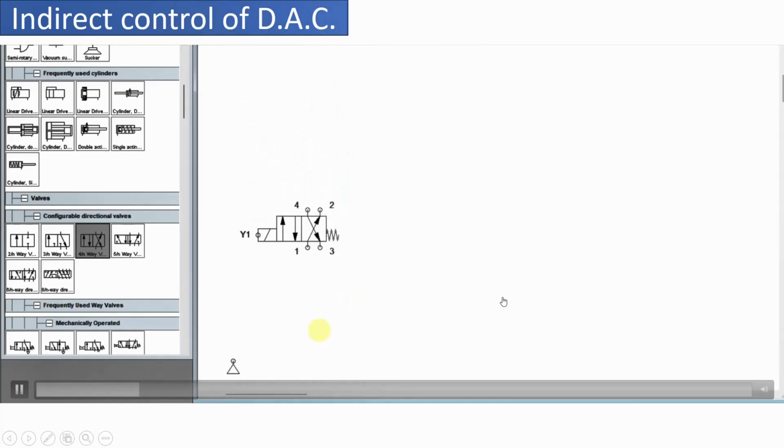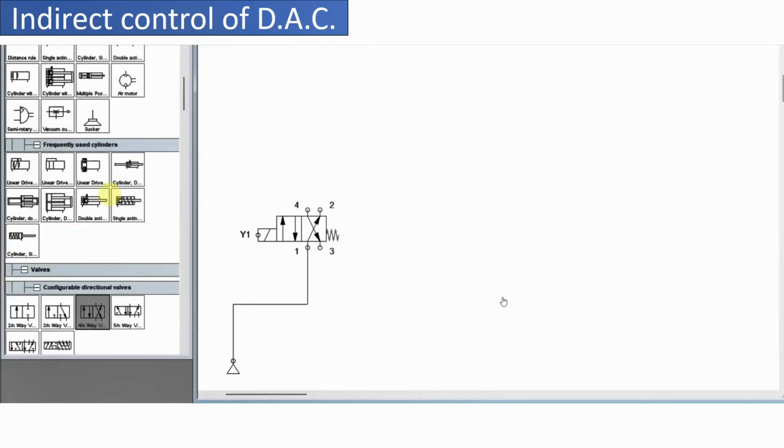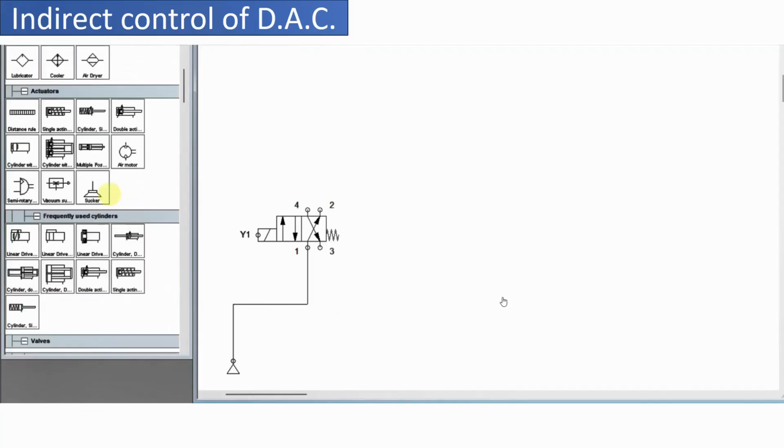Adjust the position of the 4x2 direction control valve. Connect these ports as shown over here. Then we have to select the double acting cylinder as we have already discussed. Connect the valve ports with the cylinder ports without any overlapping.